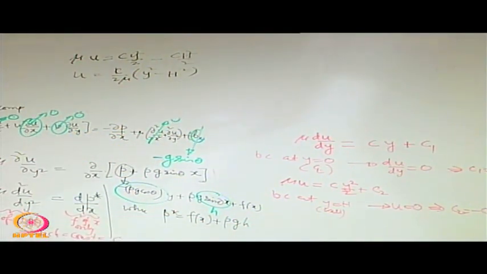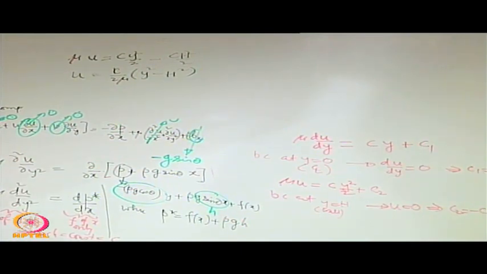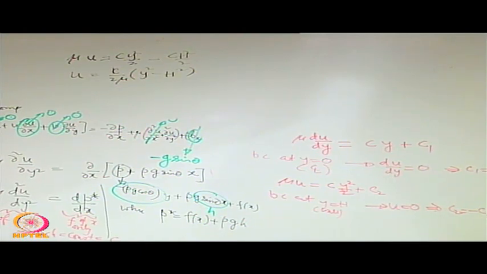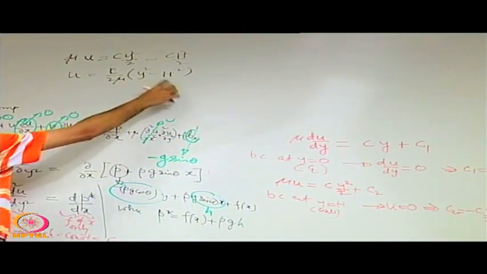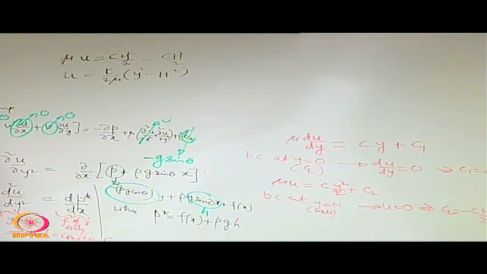See, it is symmetrical with respect to y equal to 0. So a positive y and negative y has no consequence because it is y square. The other important thing is y square minus h square is always less than or equal to 0, because your maximum value of y is h, but you are having u along the positive x direction.